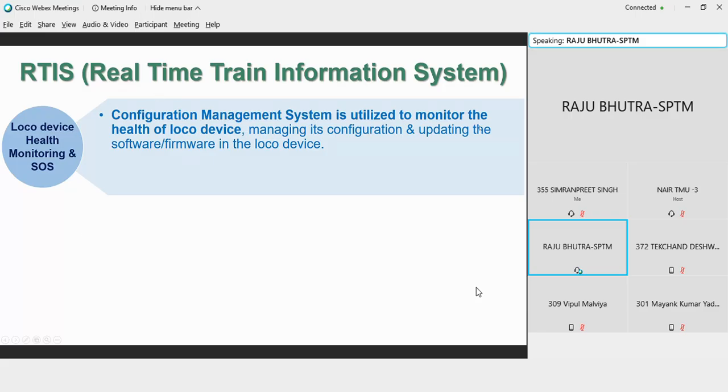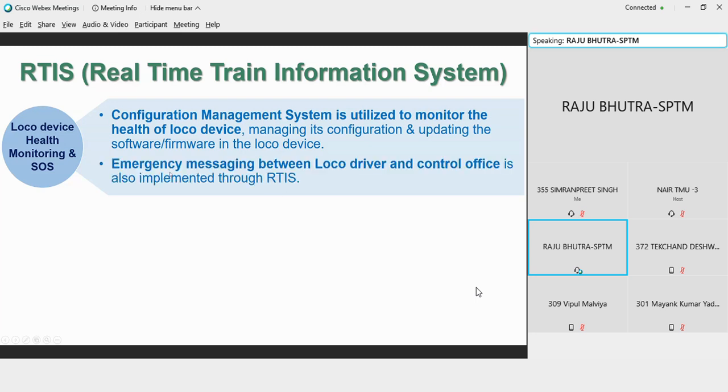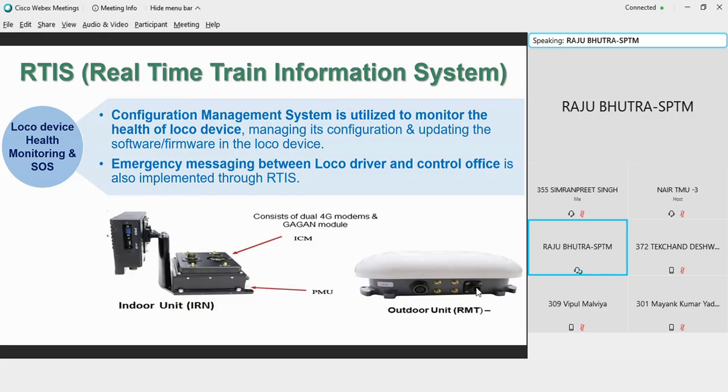A configuration management system is utilized to monitor the health of the locomotive also. And emergency messaging between loco driver and control office is possible. Any loco pilot who has to send an emergency message to the control office can do it using this RTIS. These are the indoor unit and the outdoor units which are used for RTIS in the Gagan module.